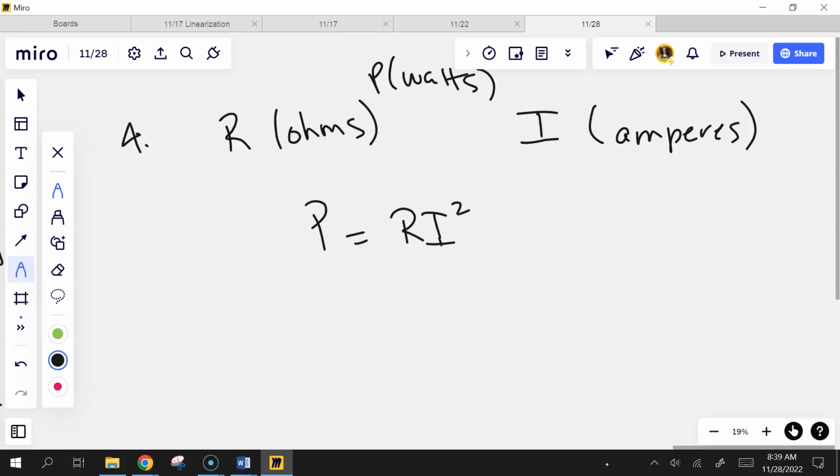How is dP/dt related to dR/dt and dI/dt?